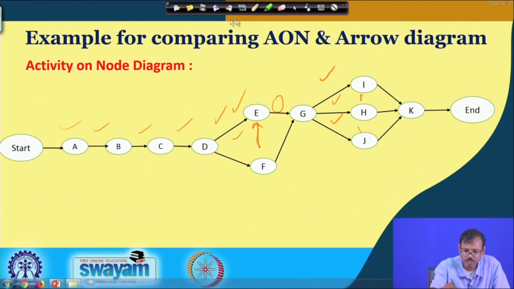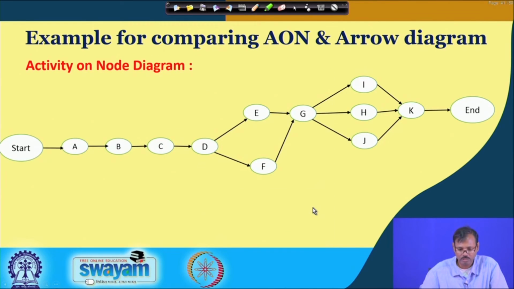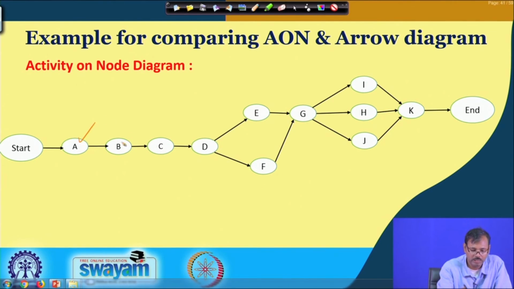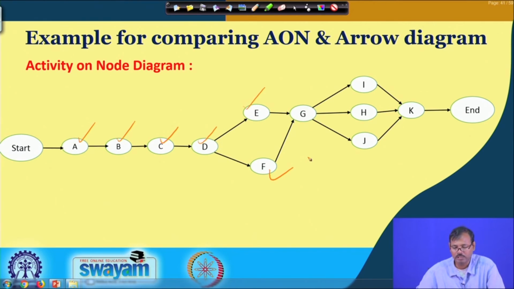Now, if we see the activity on node diagram of the same, you can see this is the drilling, charging, blasting, fume clearance, then scaling and extension of electrical cable, then marking, then the 3 operations of support, drainage and duct extension, then finally the marking of the face, and this is the end of the procedure.